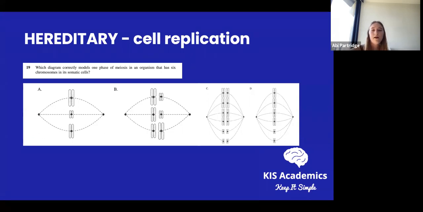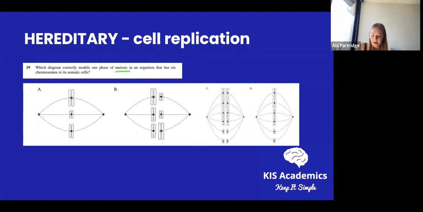Okay, so we've got the poll results up here. It's quite spread out. So I'll just go through them with you. The question asked about meiosis as the phase that we're trying to model. So immediately you're thinking it's not going to be D, because that would be a phase in mitosis.